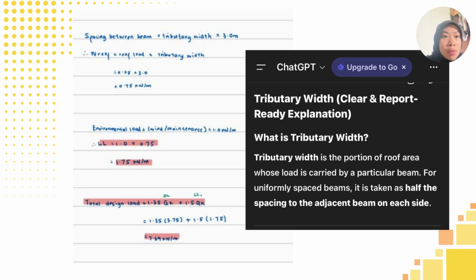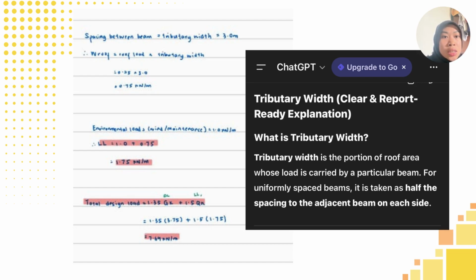So for the live load, the environmental load plus the weight of the roof, which is 0.75, gives a total live load of 1.75 kilonewton per meter.